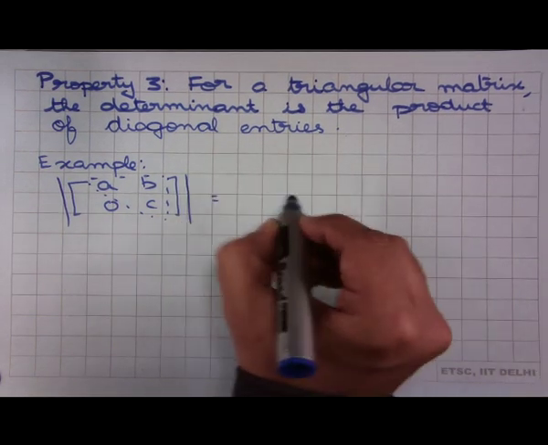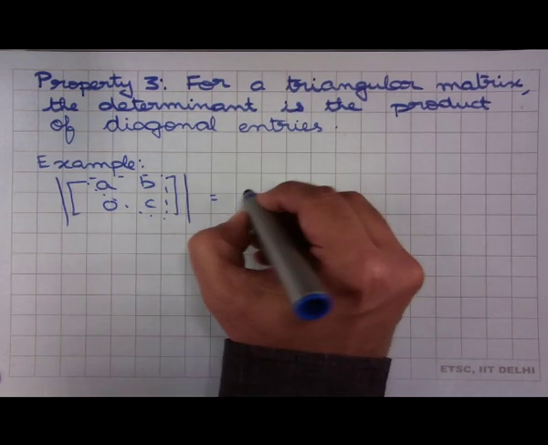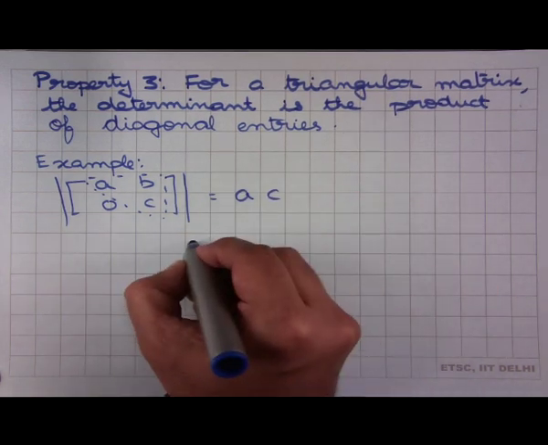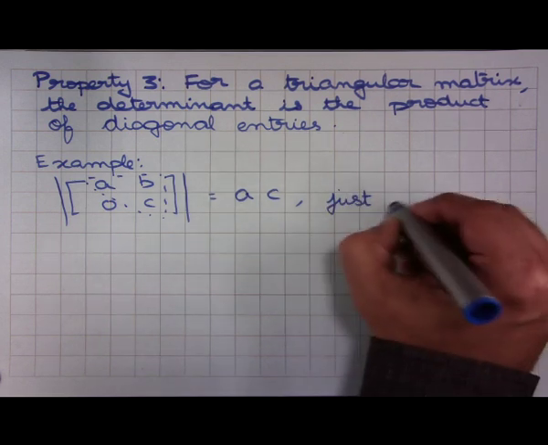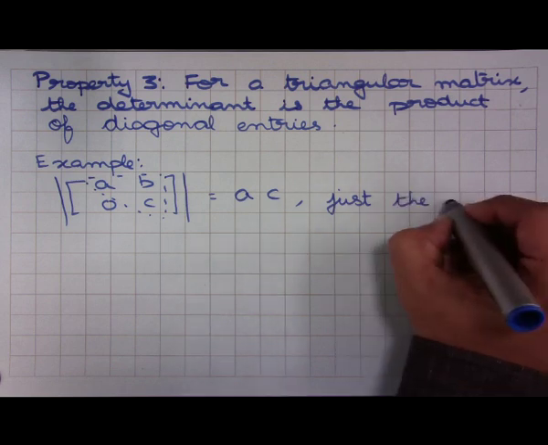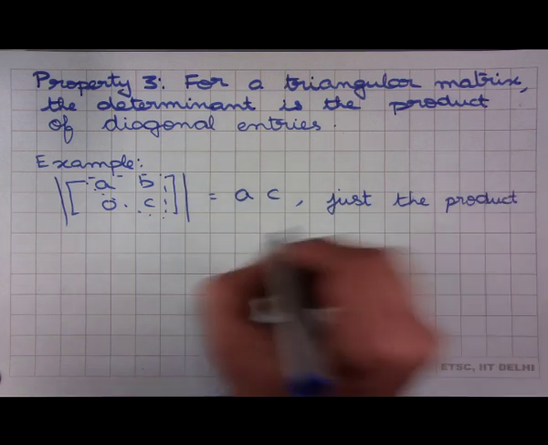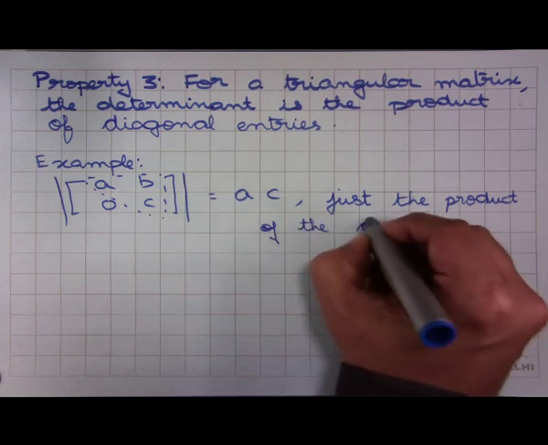So, the determinant of this is nothing but A times C, which is just the product of the diagonal entries.